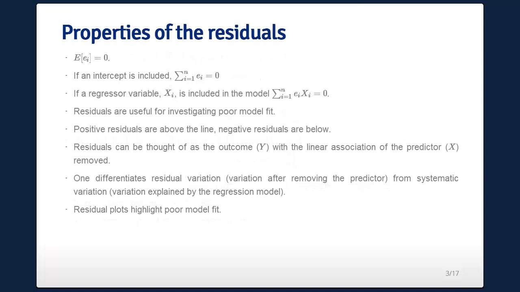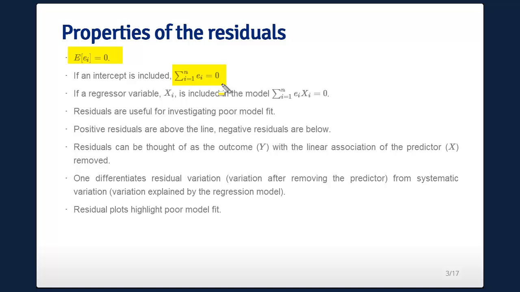So let's talk about a couple things about the residuals. First of all, their expected value is 0. And if an intercept term is included, the sum of the residuals is 0. So that means they can't possibly be independent, right? Because if you know n minus 1 of them, then you know the nth, because they all have to add up to 0.